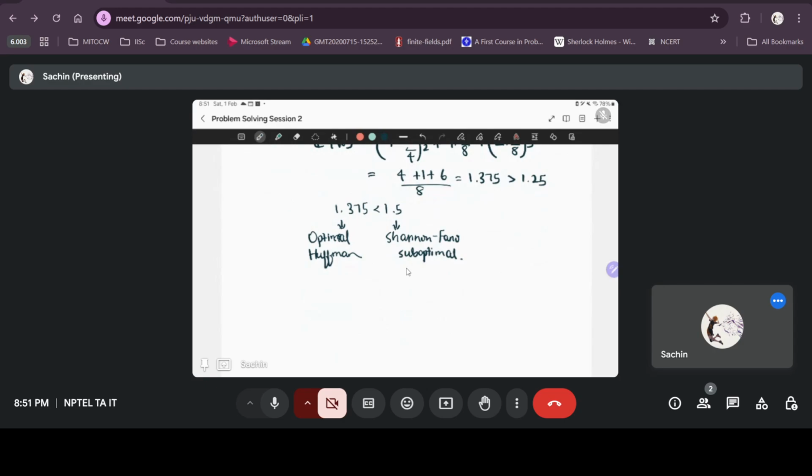That's why in this case, the lower bound is not reached. And also, Shannon-Fano coding gives you a different code word length than Huffman coding.